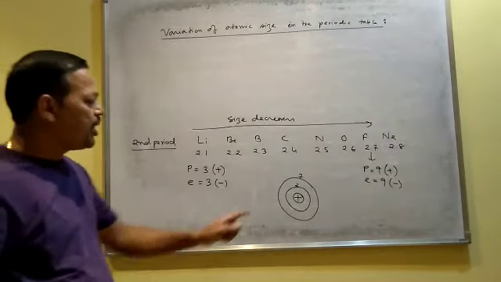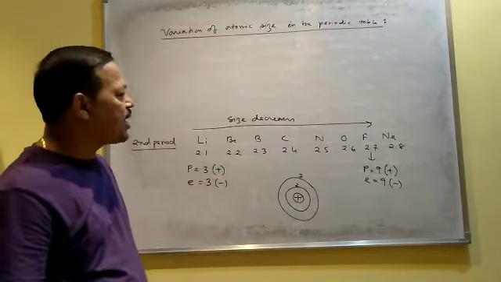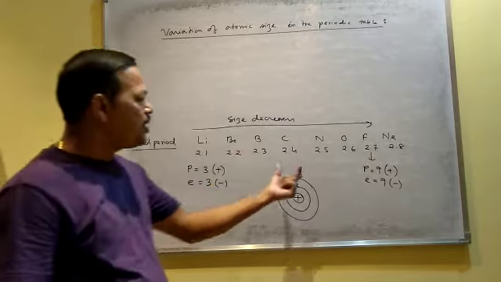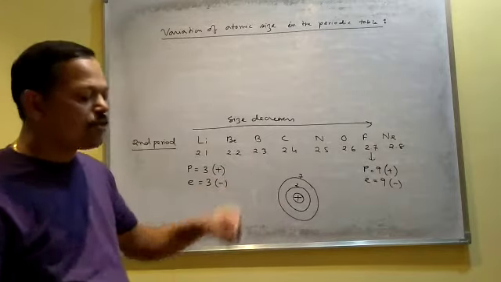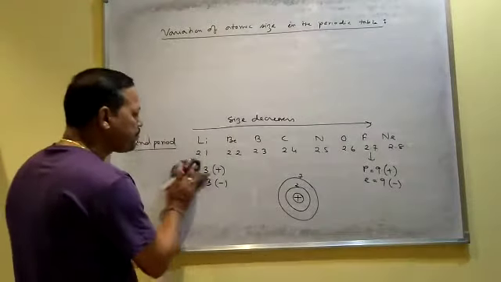It is due to the increase in nuclear charge. From left to right, the nuclear charge increases, and that is why the force of attraction between the protons and electrons increases, and the size of the atom goes on decreasing. So this is in a period.